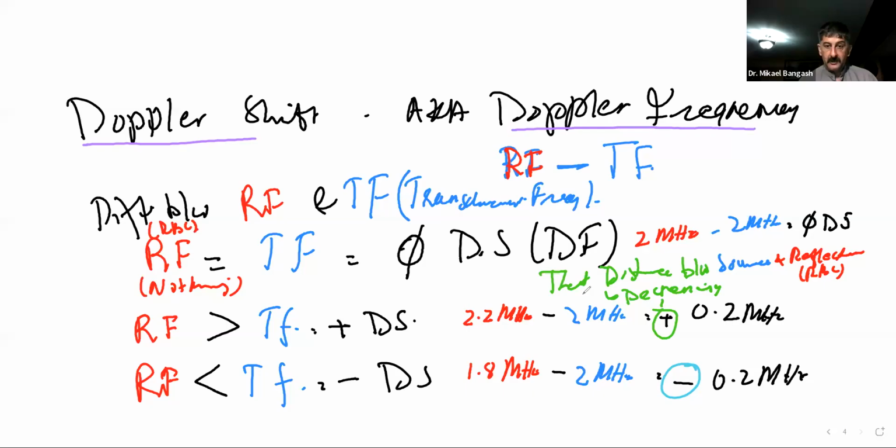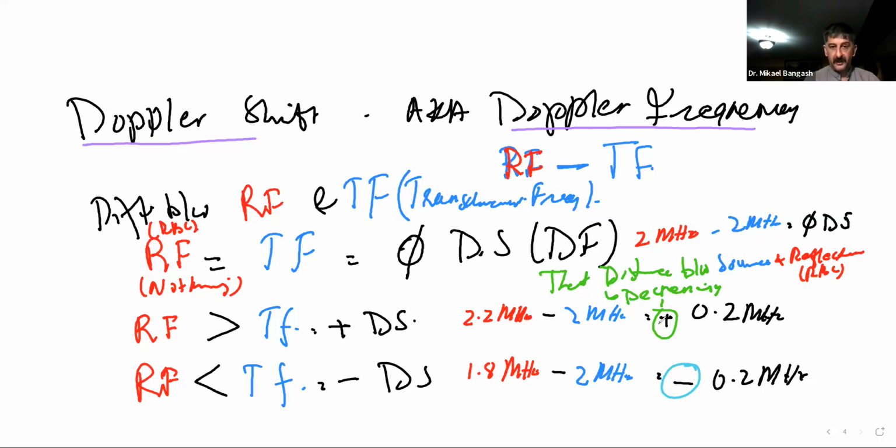Yes. Good. So the distance between the source, which is your transducer, and the reflector, which in this case is the red blood cell, is decreasing, that's what we will call a positive Doppler shift. Did you ladies get that?